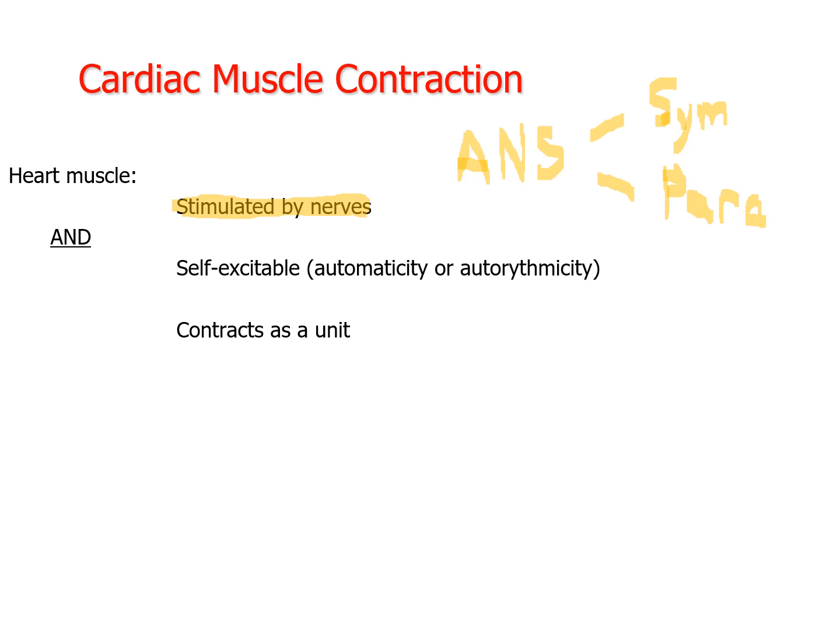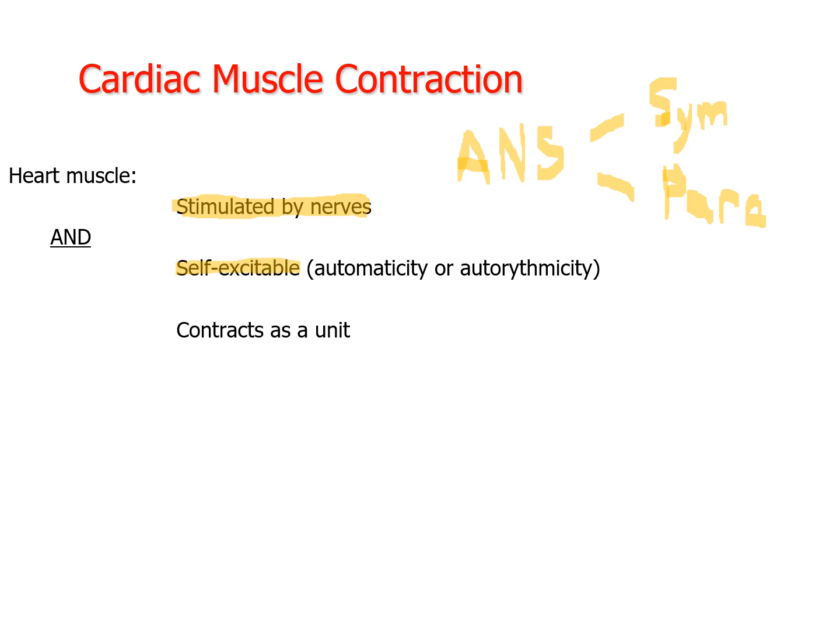They also, however, unlike anything else in the body, have their own type of stimulation that's built in. It's called automaticity or autorhythmicity. In other words, they have tissue that's self-excitable.